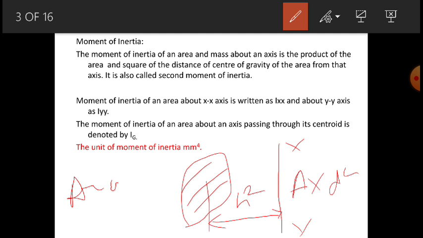Understand what I'm saying? The distance between the center of gravity of the area and the axis, squared, will give you the moment of inertia.